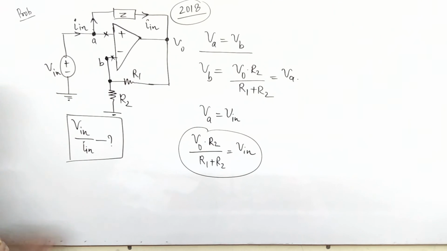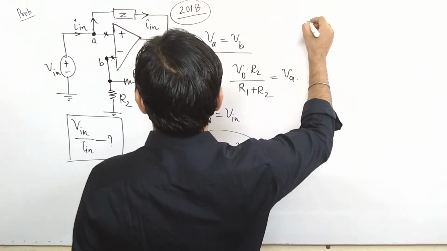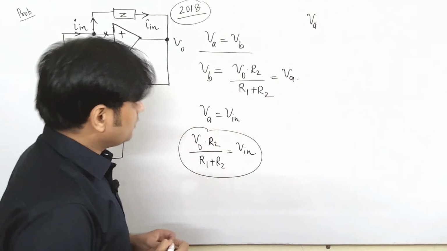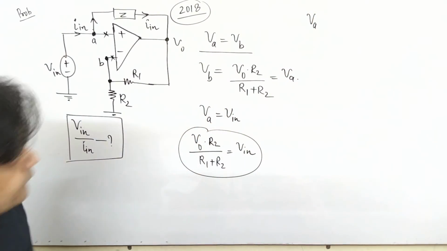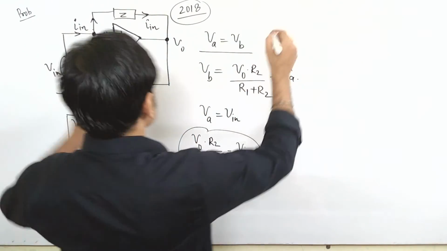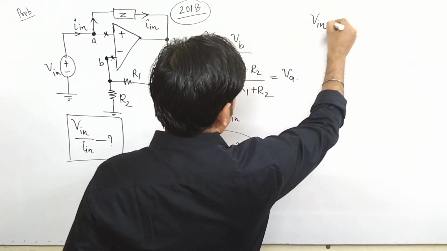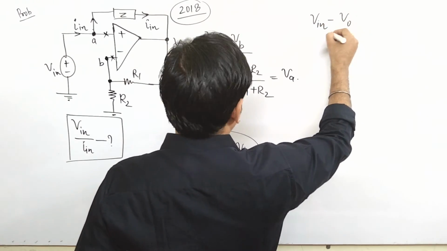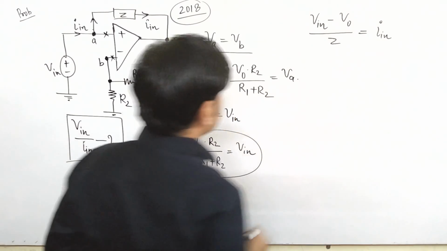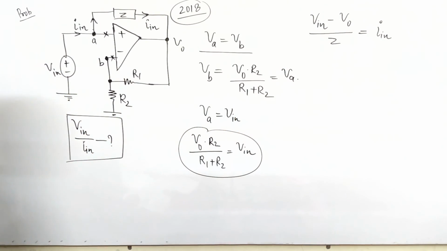Okay. So now for finding out that value, I can write it as, if this voltage is V in, then V in minus V naught upon Z is what? Basically your I in. Can you say? Yes.